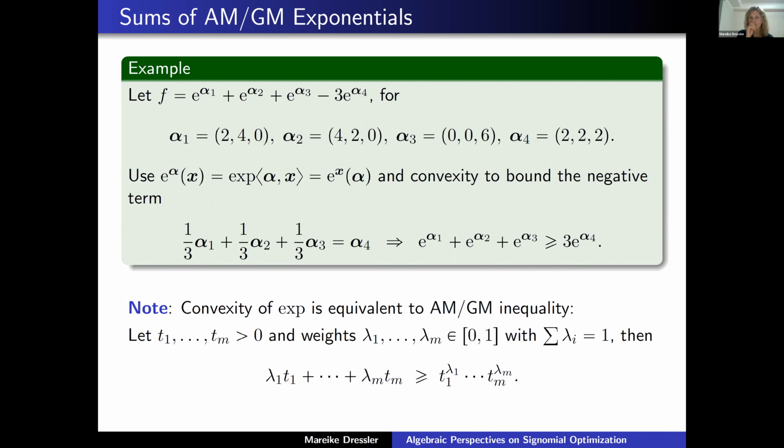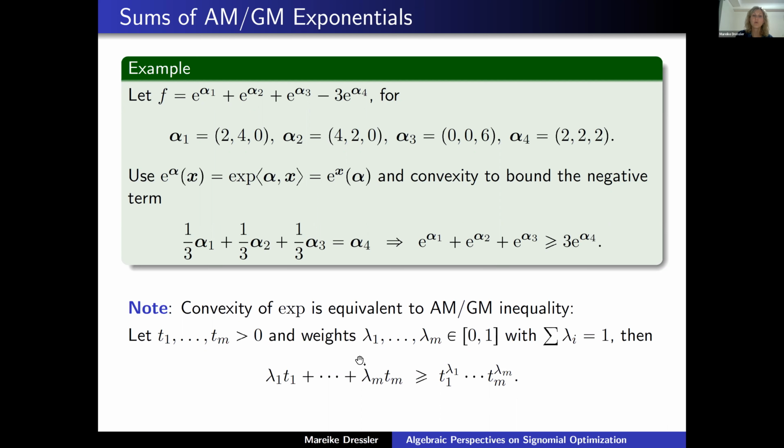And note here that, equivalently to convexity of the exponential function, we can also take the AM-GM inequality to show that this Signomial is actually non-negative. Recall the weighted AM-GM inequality, which is as follows. You have certain variables, they are positive, and specific weights between 0 and 1, and all the weights sum up to 1.